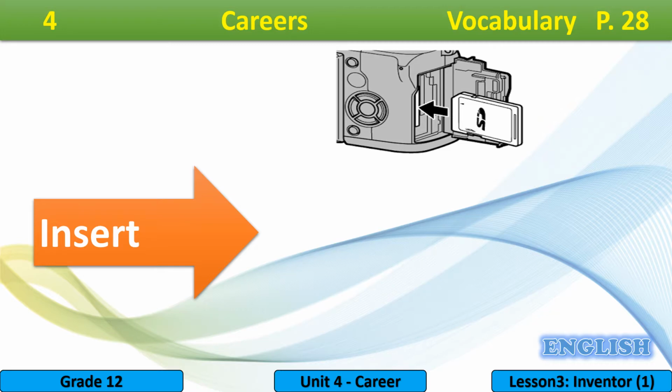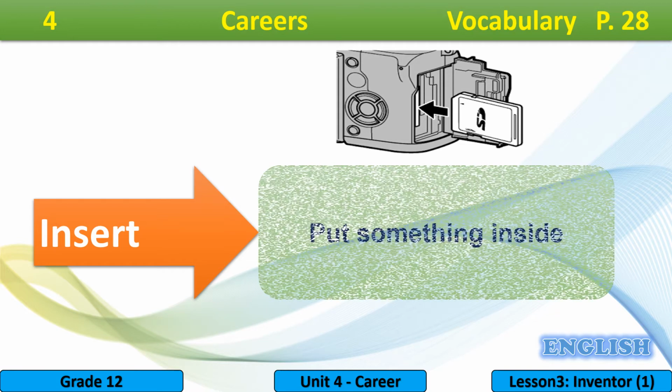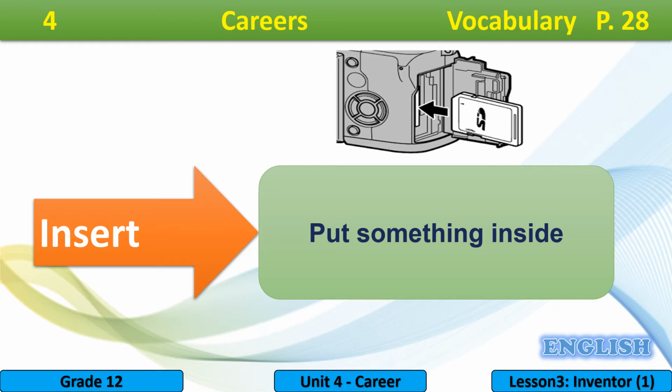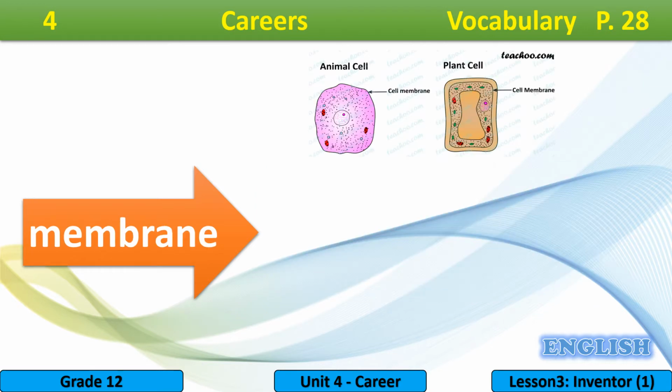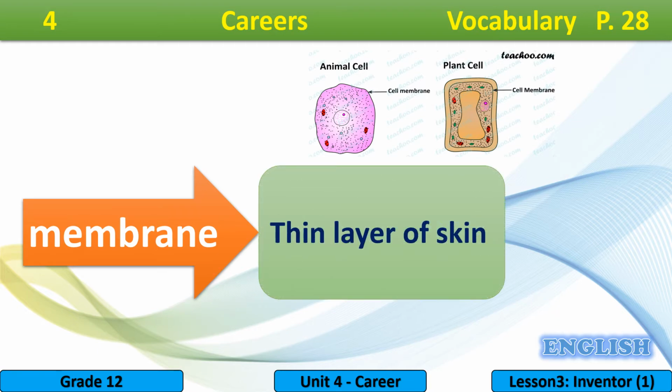The third word is insert, which means put something inside, like in the picture. Number 4, we have the word membrane. As you can see, each cell here has a membrane, which is a thin layer of skin.